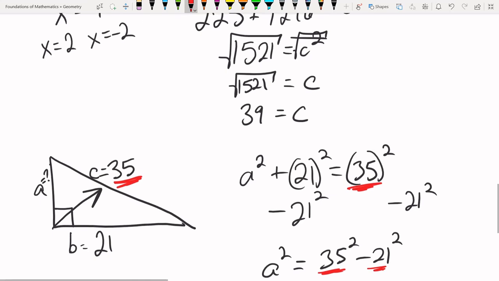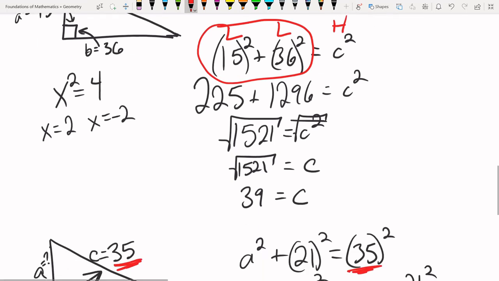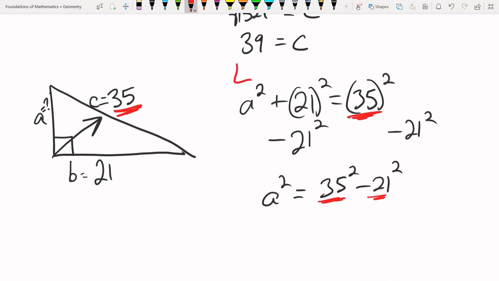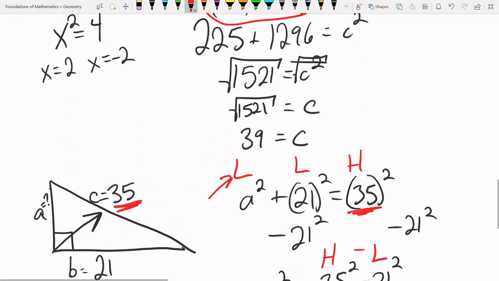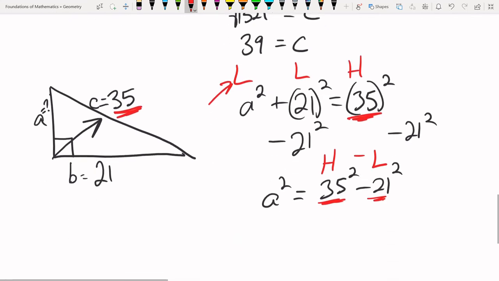So here, just to kind of make it a little bit clearer, hopefully, we have a leg equals the hypotenuse. Here we have a leg, hypotenuse. We don't know what this leg is, so we need to do hypotenuse minus the leg. Previously, we did leg squared plus leg squared.